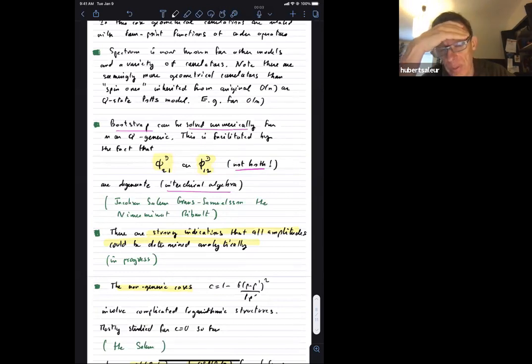But I want to emphasize again, it's an important point that these models we are looking at are not, strictly speaking, integrable. They are related to integrable models. For the Potts model with Q generic, you can calculate all the eigenvalues of the transfer matrix using the mapping onto the six-vertex model, which is integrable.